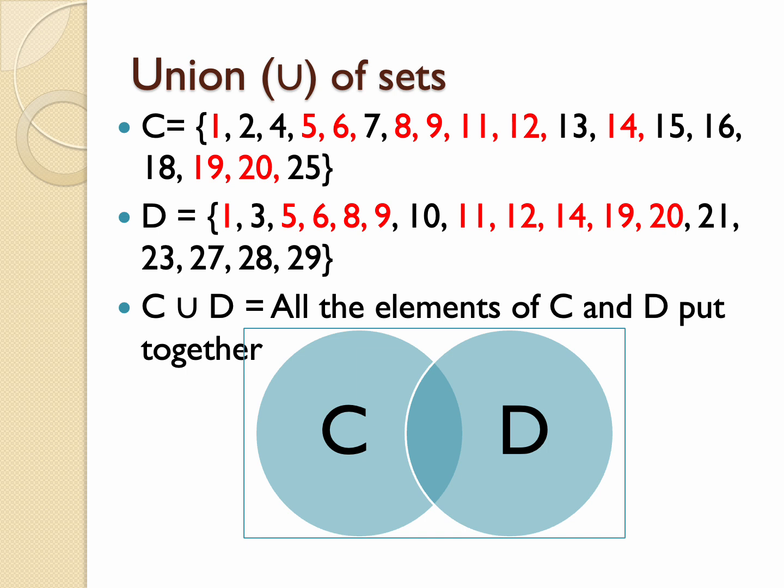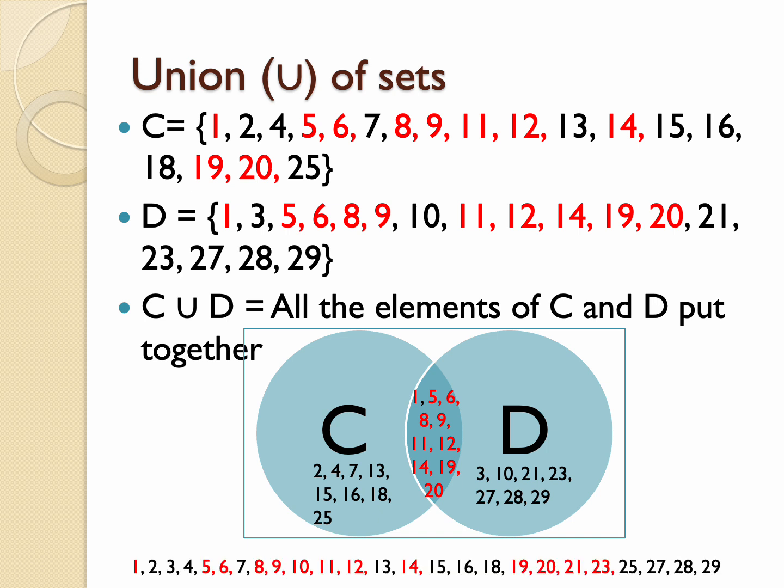Since we must combine all the elements in C and D, we write those who belong only to C, those who are common, and those who only belong to D. So all of them put together represent C union D. So therefore, we get the whole set as on the bottom of the screen.